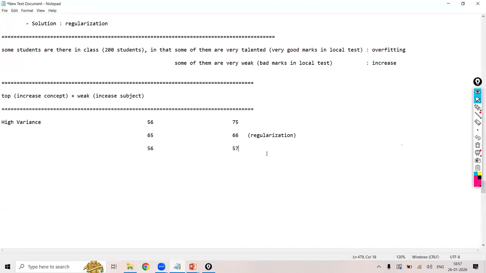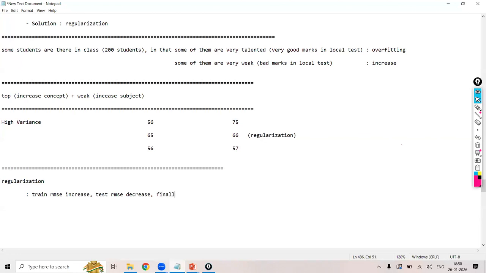In regularization, what happens? Now tell me guys, what happens in regularization? As I've told you just now, in regularization, train RMSE increases and test RMSE decreases. And finally, both will be equal, close to each other.